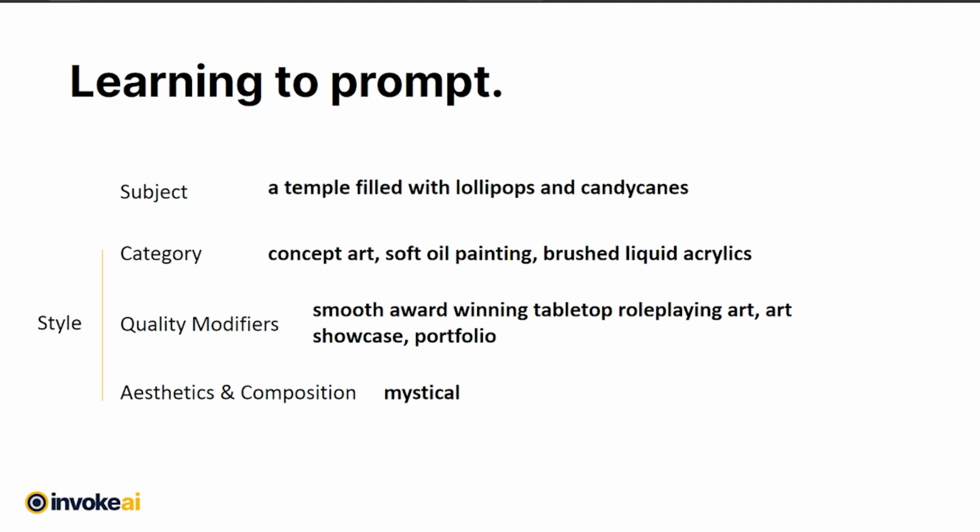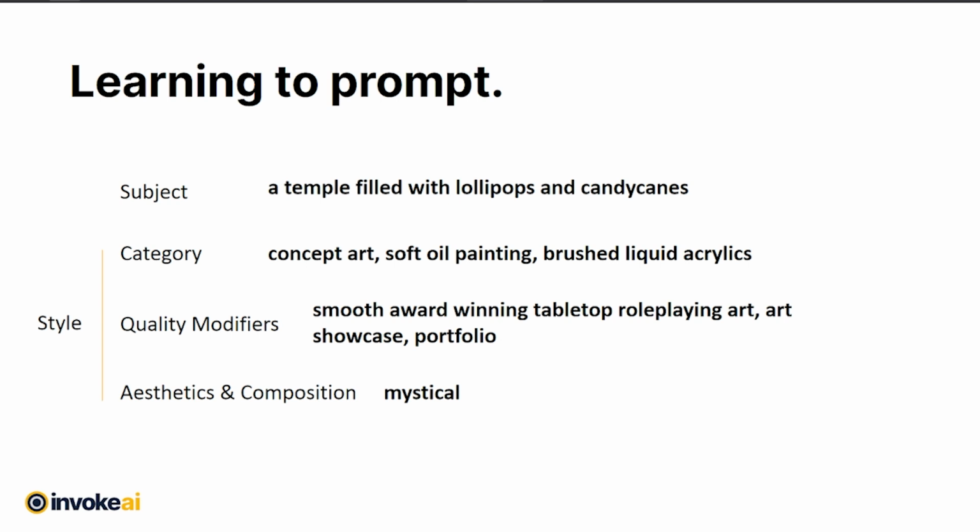Invoke, along with many other stable diffusion UIs, do not manipulate your prompt before it's passed to the model. And so it's important to really understand how to get the subject and style that you're looking for from the system. This is a useful framework that'll help you develop a strong prompt, but I definitely recommend taking a look at the wide range of community content that can help you learn specific terms and prompt structures to get the resulting images that you're looking for.